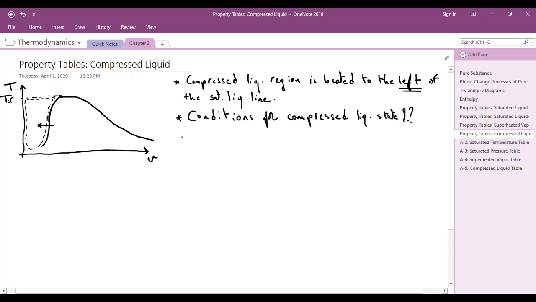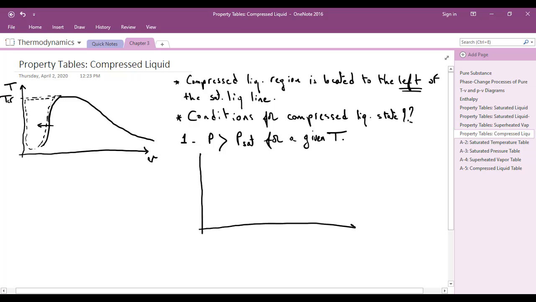the first one, the pressure should be higher than the saturation pressure for a given temperature. So this is evident when we draw the PV diagram. So this is the PV diagram. In a PV diagram we draw lines of constant temperature.